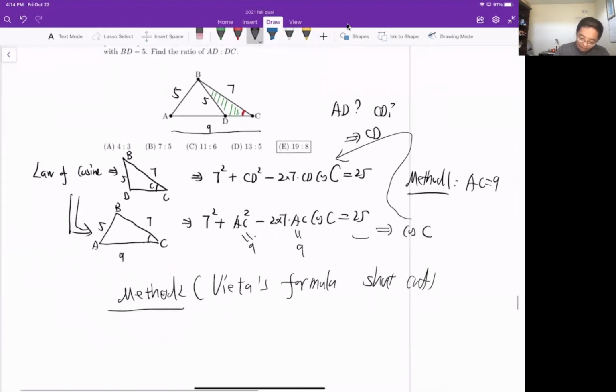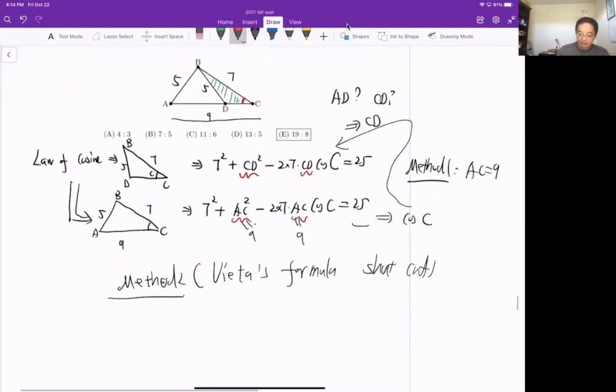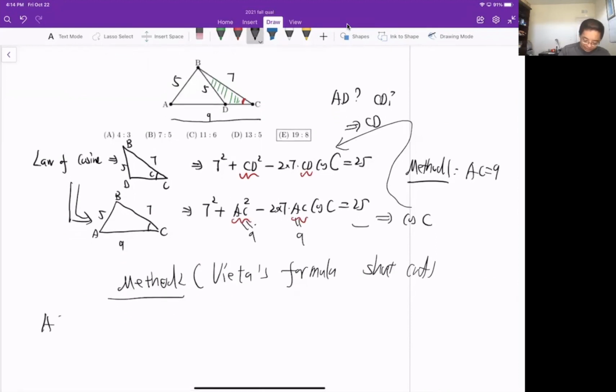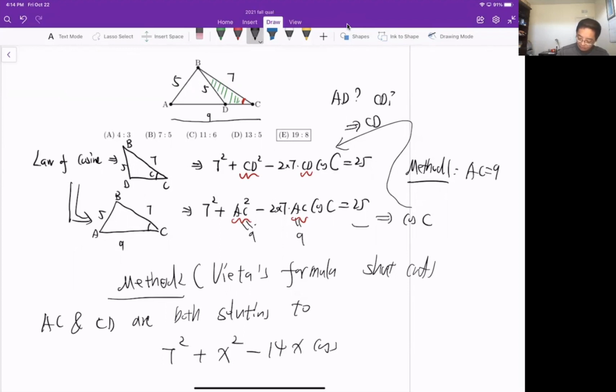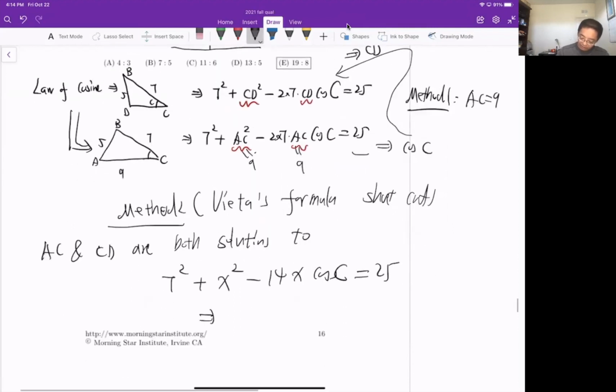Now the point is, we realize AC and CD are both solutions to the equation 7 squared plus x squared minus 14x times cosine C equals 25. So if we simplify that, we get x squared minus 14 cosine C times x plus 24 equals 0.